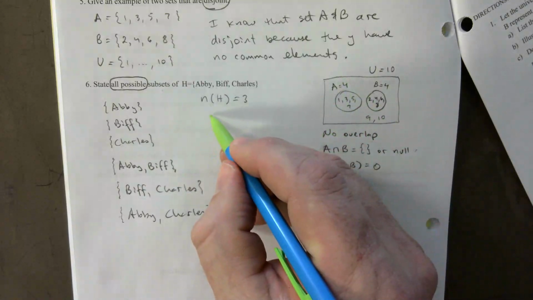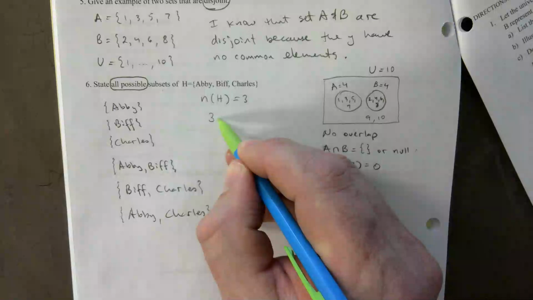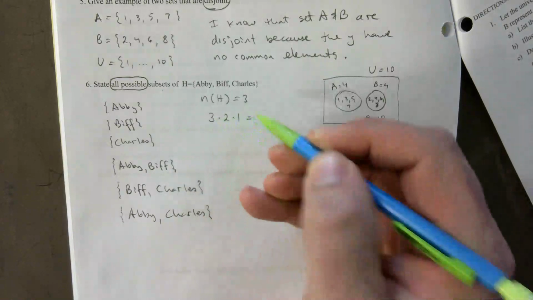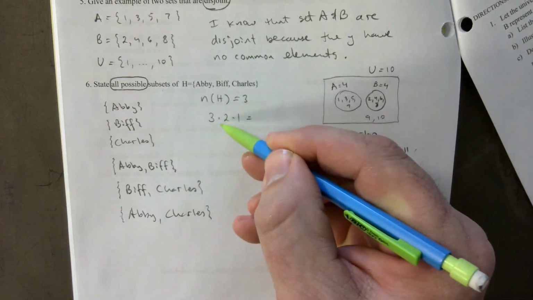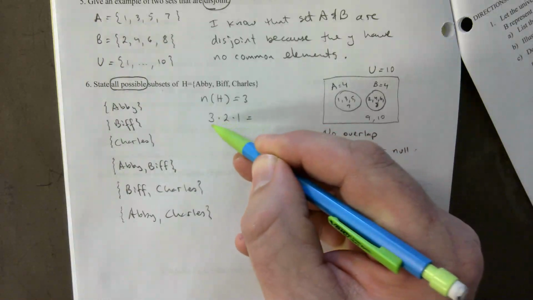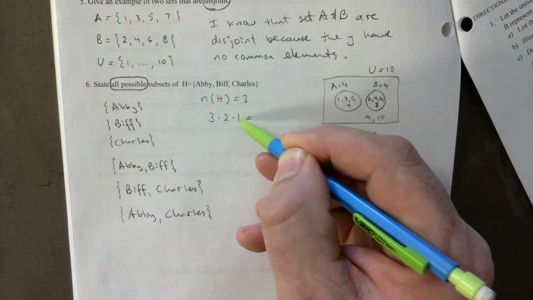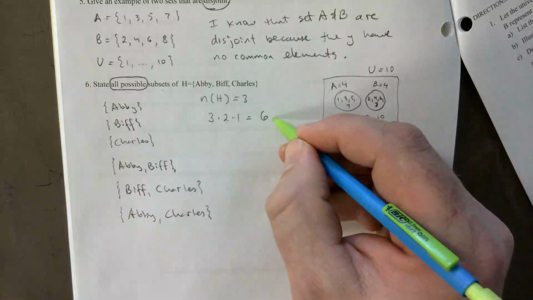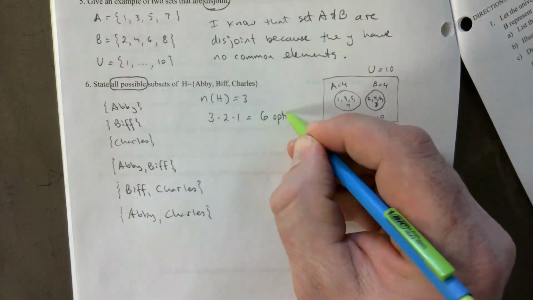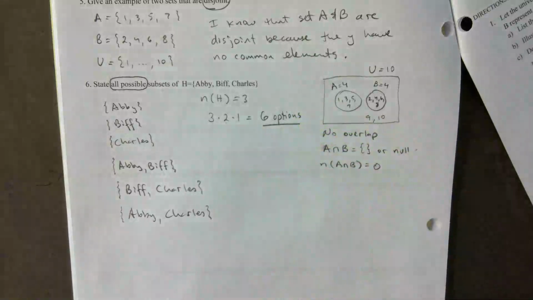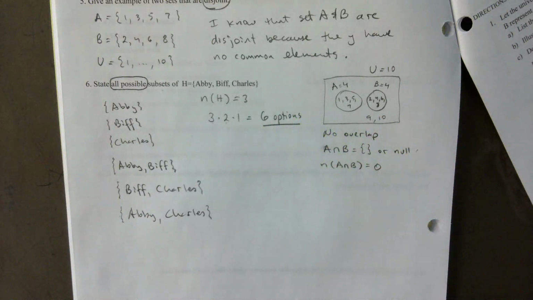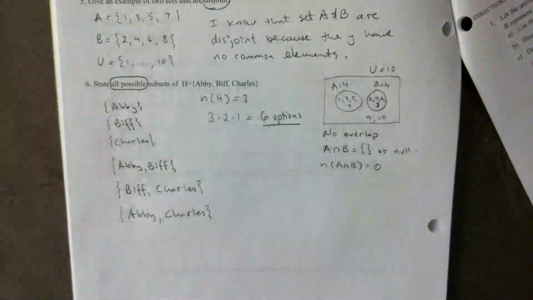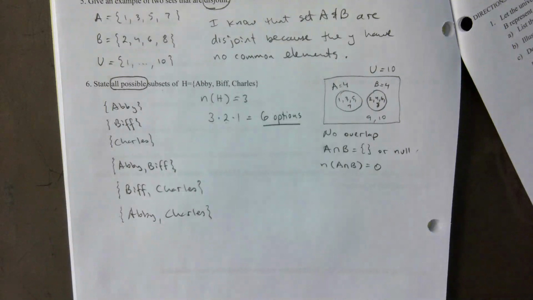So it's going to be 3 times 2 times 1. Whatever number you have, you slowly start decreasing it. 3 times 2 is 6, times 1 is 6. 6 options. If this is bothering you right now, just forget about it. This could be done without that.